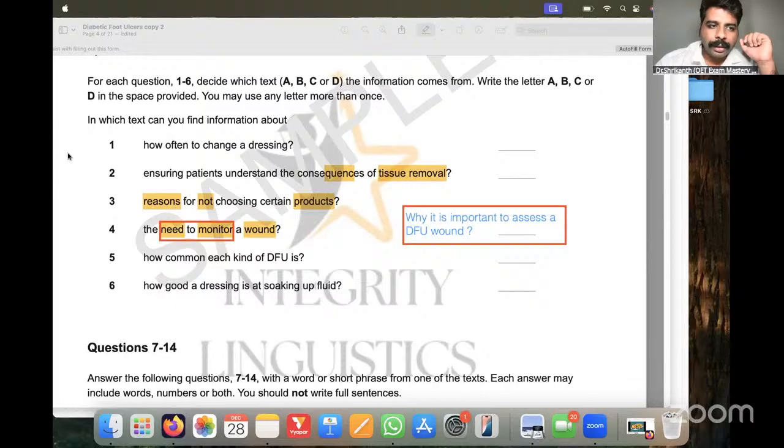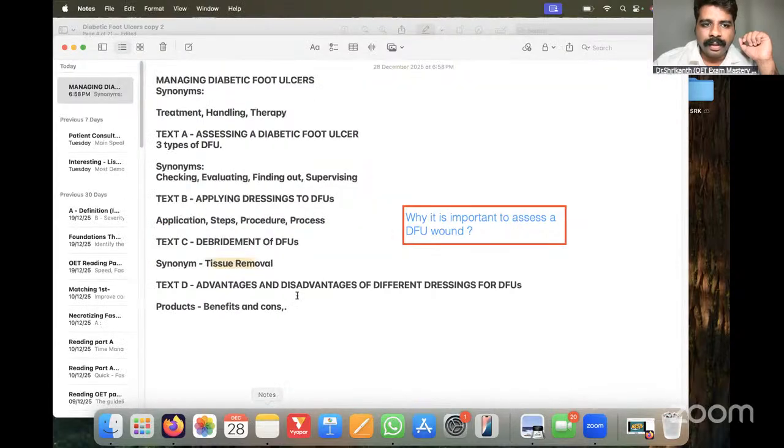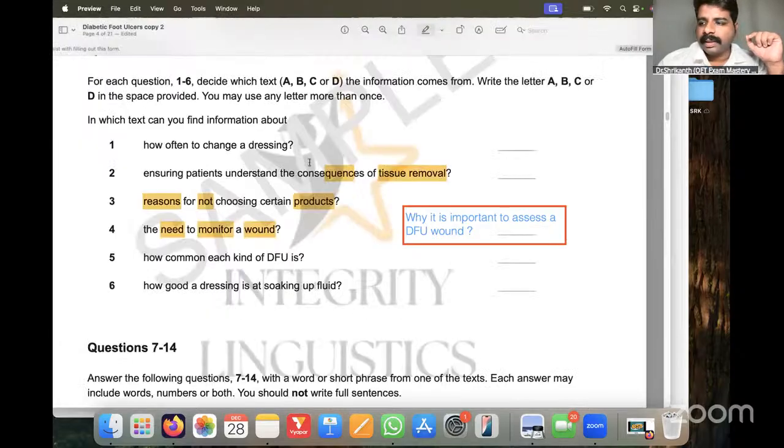Okay. So my intuition is telling me that the answer over here could be in which paragraph over here. So let's take a look. See here, text B over here, right? So text B is all about, no, text A is all about assessment, right?